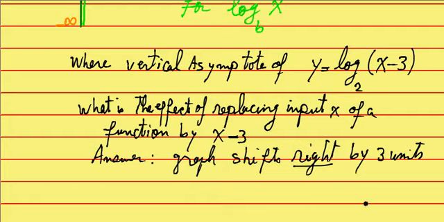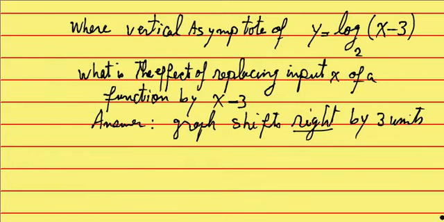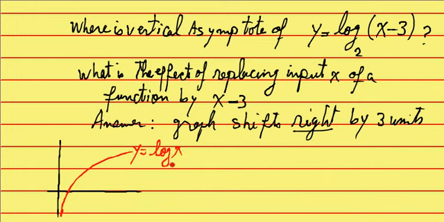So what's the answer to our question then? Remember, the graph we just drew looked like this. I will be drawing it quickly. This was logarithm of x itself. Here was 1, here 0. 2 important points.